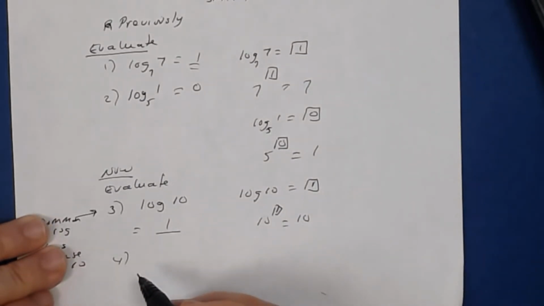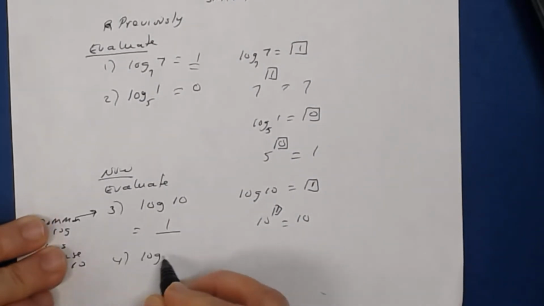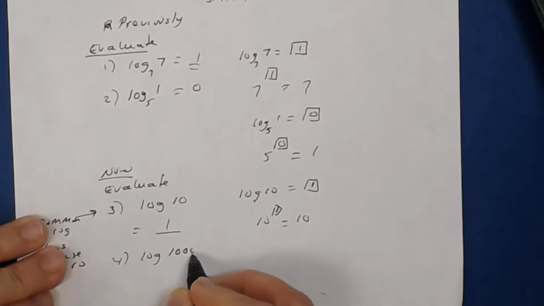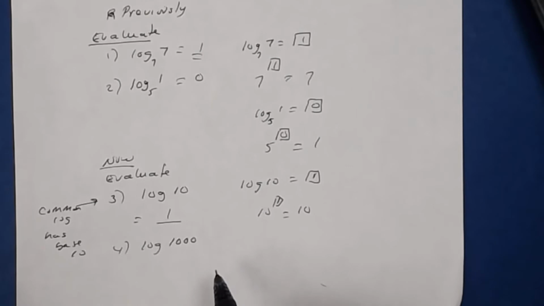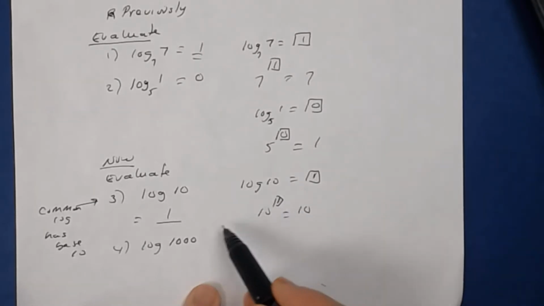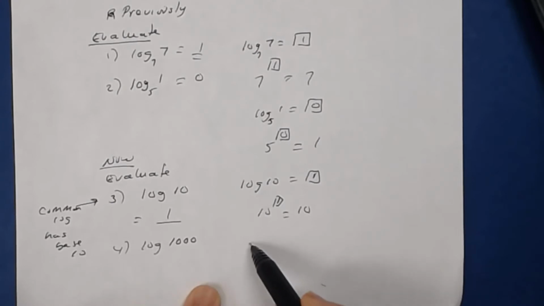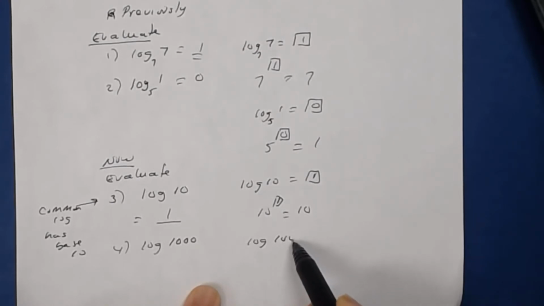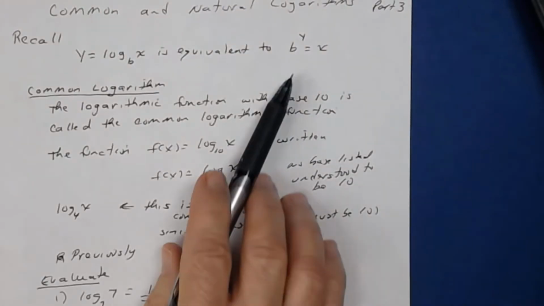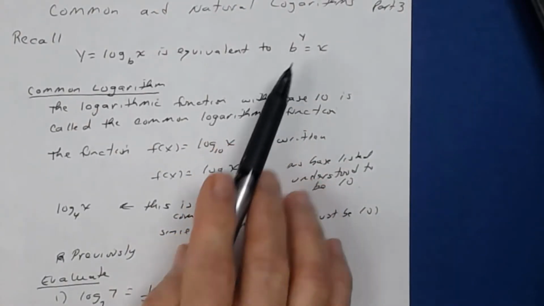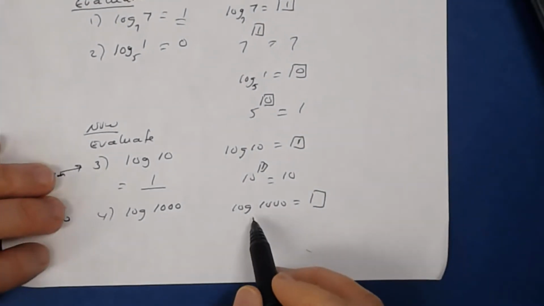Okay, number 4. All right, suppose we had log of 1,000. Excuse me, log of 1,000. All right, well, let's think about this. So I'm going to change it to this. I'm going to say log of 1,000 equals box. All right, so I wrote this as an equation, so I can change it to an exponential equation. So what's the base?